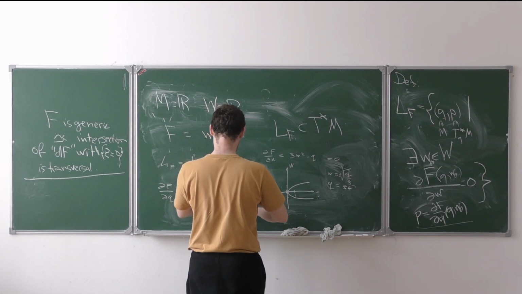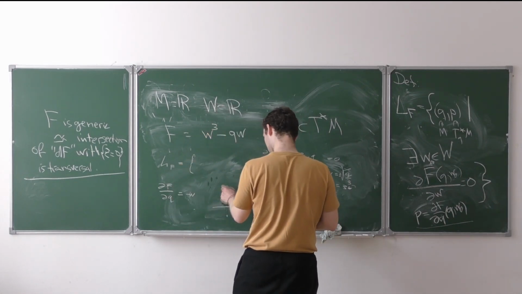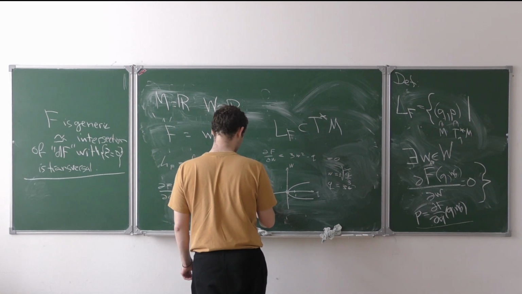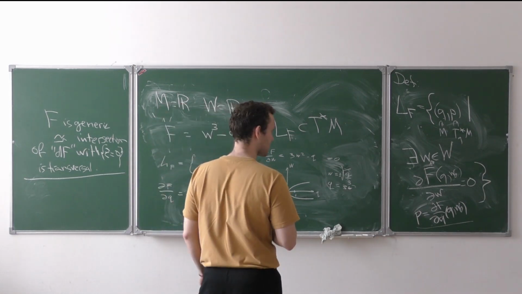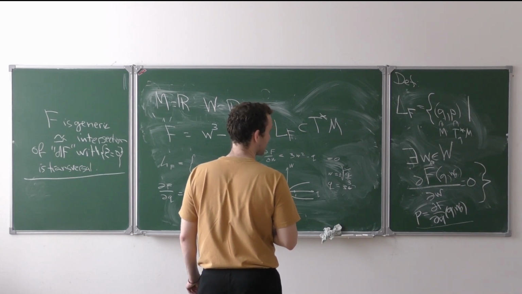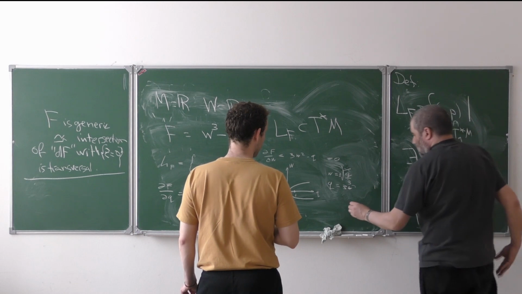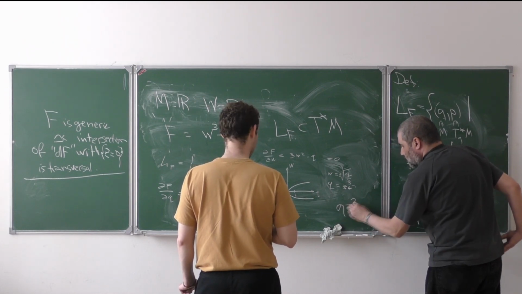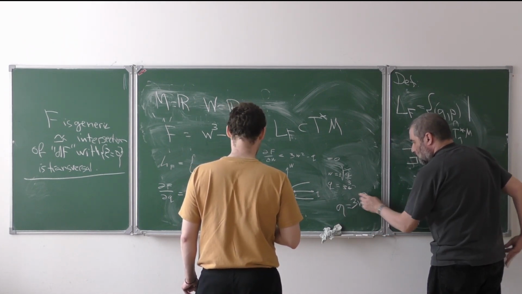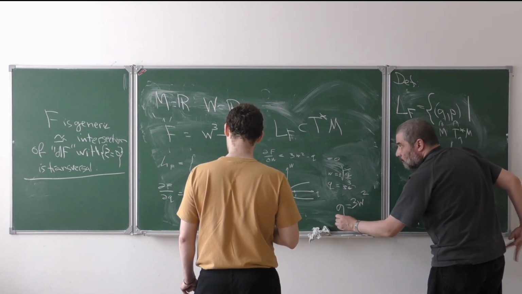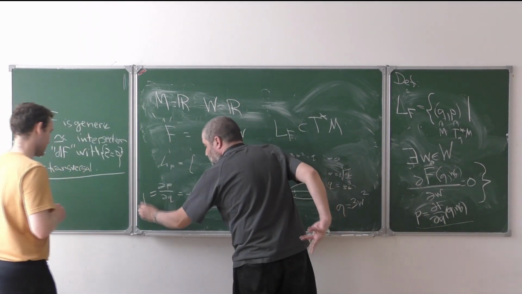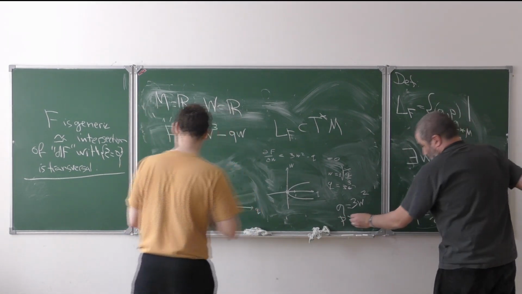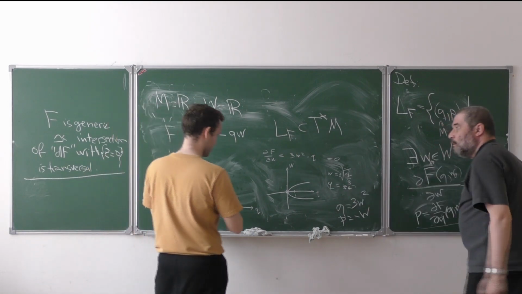Now we should draw a picture in the space with coordinates Q and P. Yes, but I'm just confused about how I would do it. One equation is that Q is equal to 3W squared, right? And the second equation is P equal to what? Minus W. You should draw such a curve.